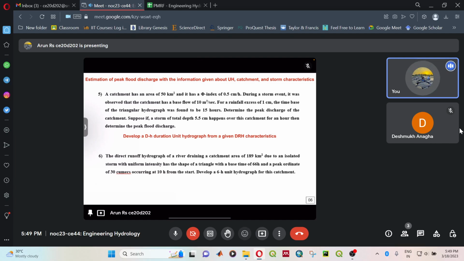During a storm event, it was observed that the catchment has a base flow of 10 meter cube per second, and for an excess rainfall of 1 centimeter, the time base of the triangular hydrograph was found to be 15 hours. So this is nothing but the unit hydrograph which they are talking about. Determine the peak discharge of the catchment. Suppose if the total storm depth of 5.5 centimeter happens over the catchment for 1 hour, then what is the peak flood discharge?